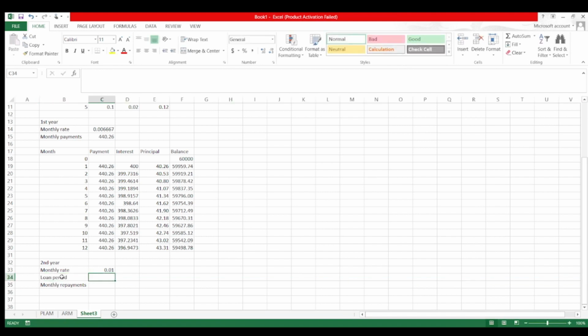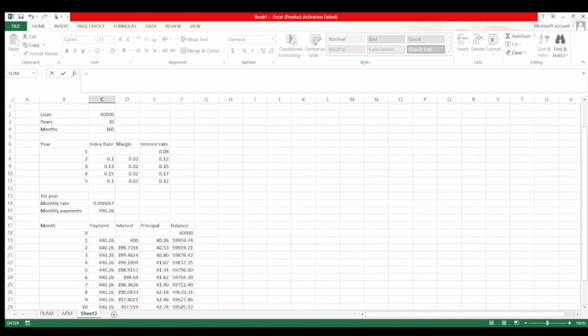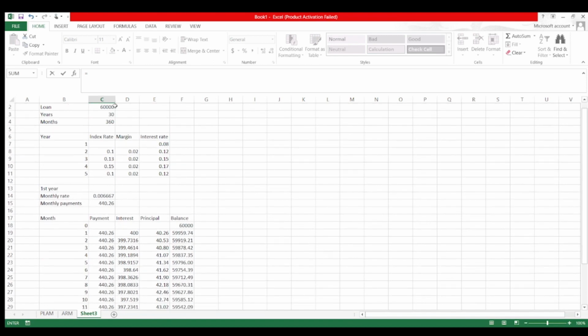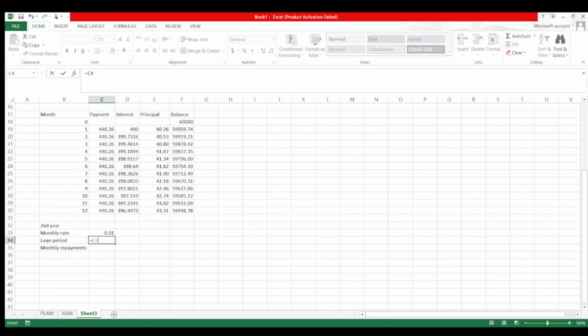So the loan period in this case is equal to the first total, which was 360 months, less 12, which we've already covered. So it's 348. So with that, we can do equals PMT at the rate, comma, total number of periods, and our opening balance, which in this case is from the 12th month, this amount.